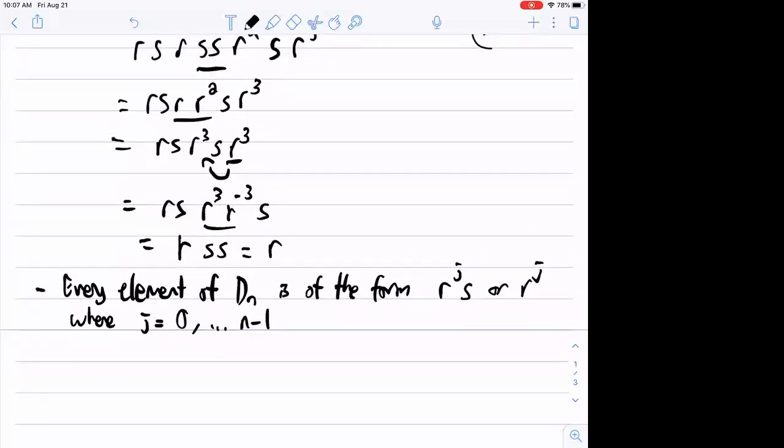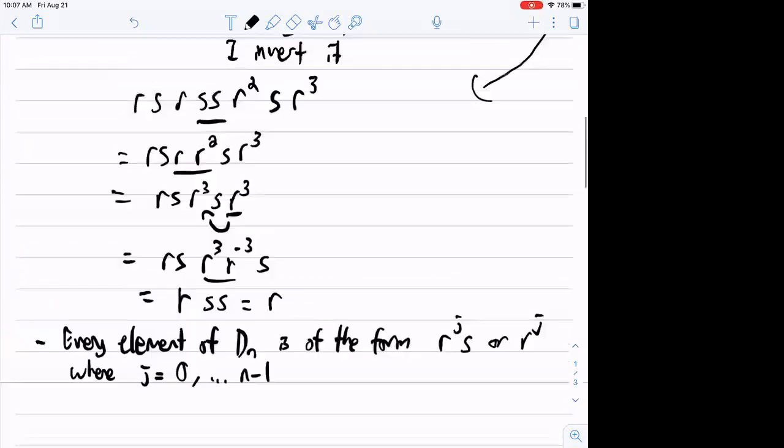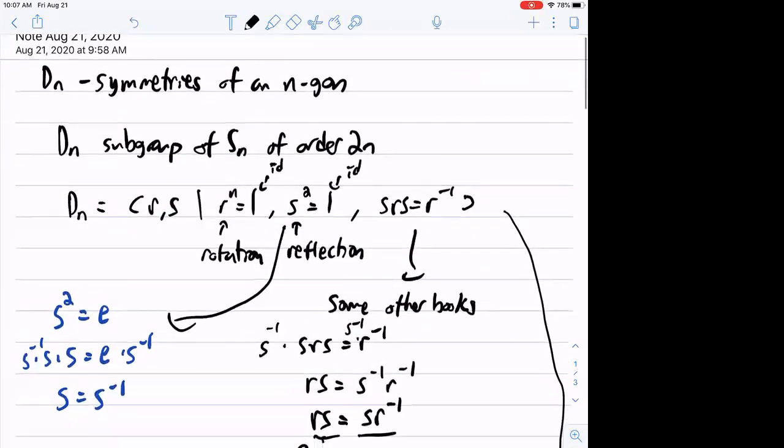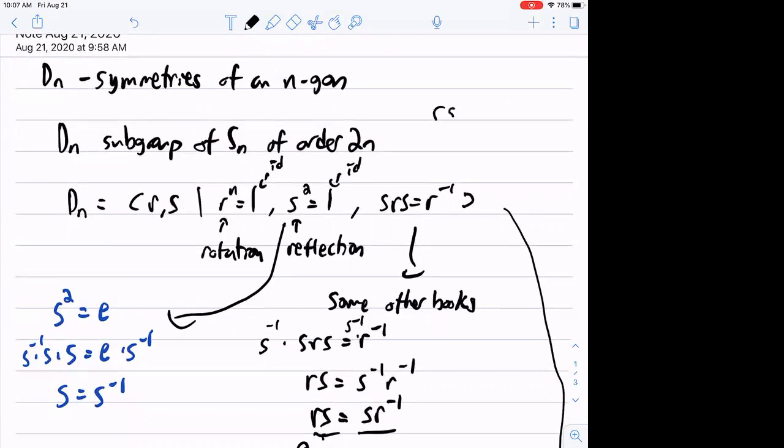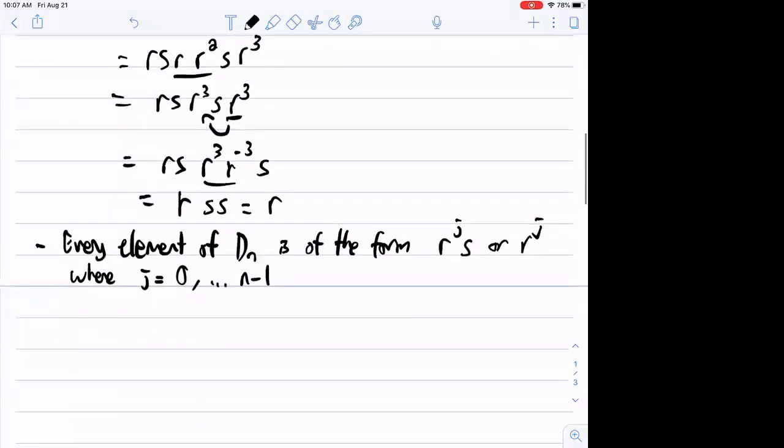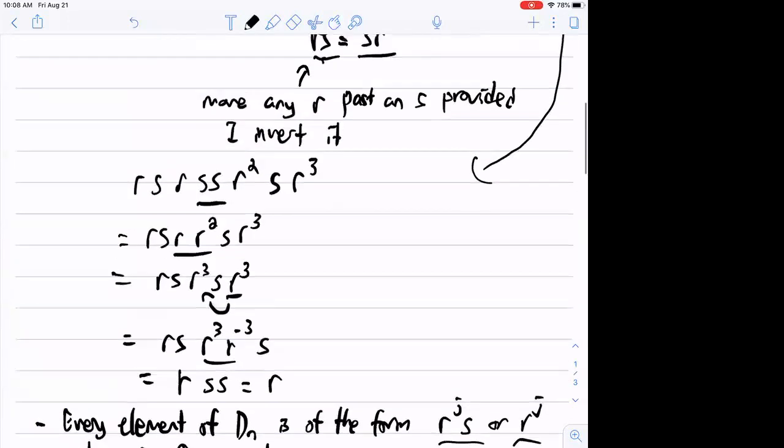Is everyone clear so far? So when I first write this, I can have 15 r's, I could have elements like these, but because of these laws, I can write everything in this form. I could move all the r's to one side and then reduce mod n because it's order n.